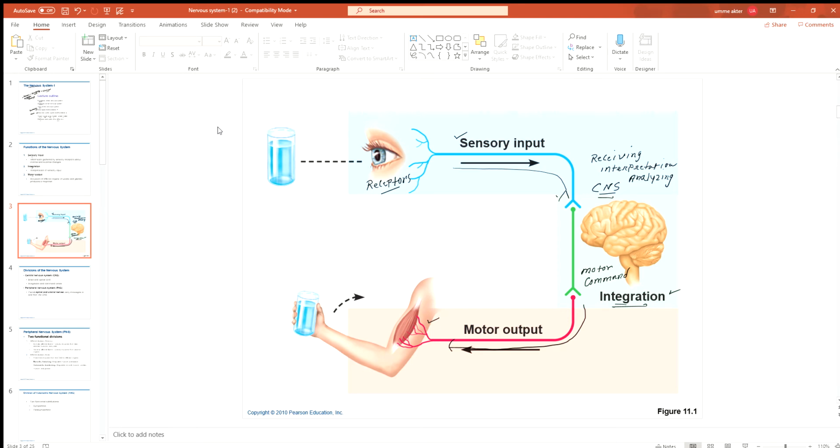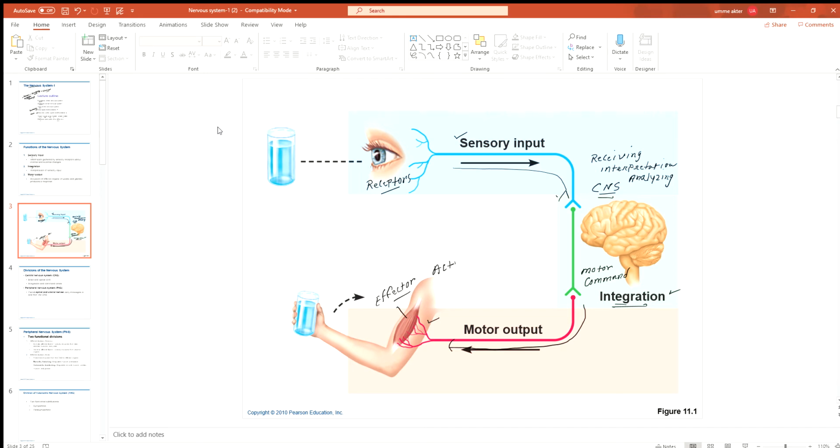And the muscle in this case is the effector, because it will perform the action.